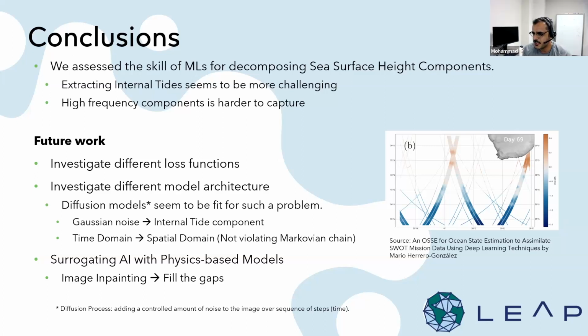By saying diffusion here, I mean the procedure of diffusion, in which we add noise to the inputs and then ask the model, regardless of what type of model we use, and a CNN could be included there, to learn this noise. But the problem with the conventional diffusion model is that these noises are added over time. For our problem, first, the noises are different. If we assume internal tides as noise, then this noise is not as simple as Gaussian noise. And the other thing is the Gaussian noise is amplified over time; we should change it over space.